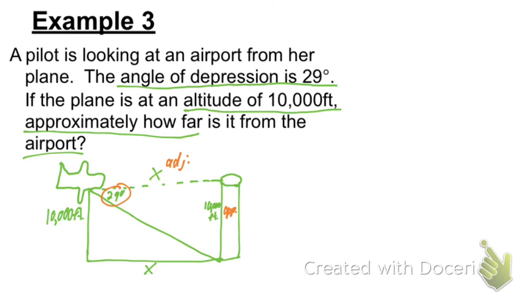What side do we not care about right now? Hypotenuse. So, we care about which two sides right now? Adjacent and opposite. So, of our three trig functions that form SOHCAHTOA, we'll be looking at TOA.